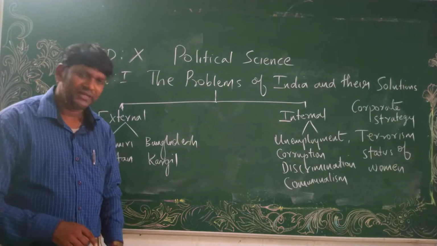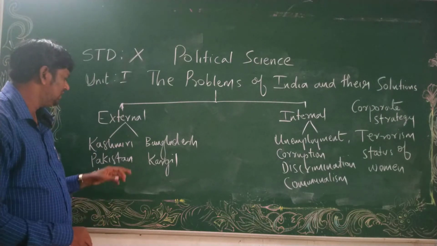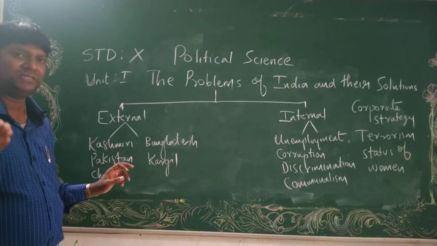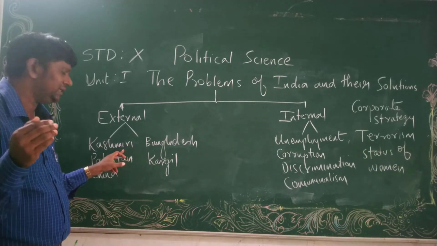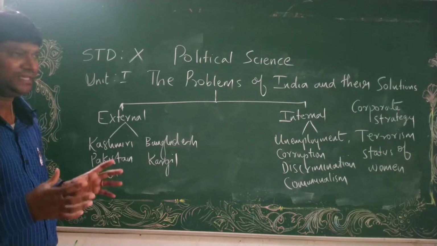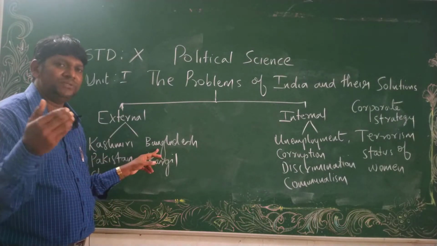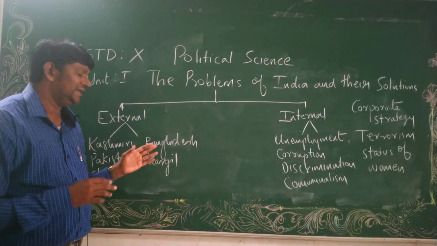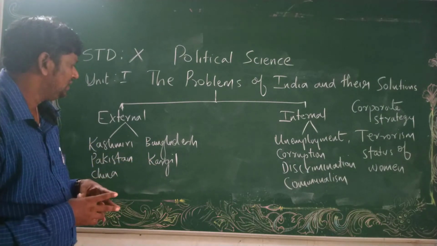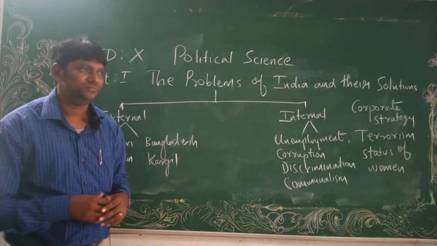After independence, immediately we had a problem with the Kashmir issue. And number 2, Pakistan: in 1948 we had a war with Pakistan. 1947 Kashmir issue, 1948 Pakistan war, 1962 a war with China, then 1965 a war with Pakistan, then 1971 a war with Pakistan that led to Bangladesh. Finally, we had a war with Pakistan in 1999, the Kargil war.